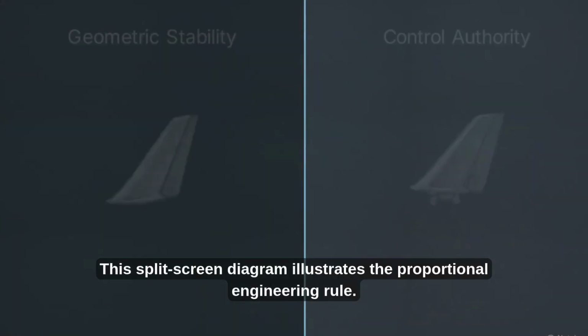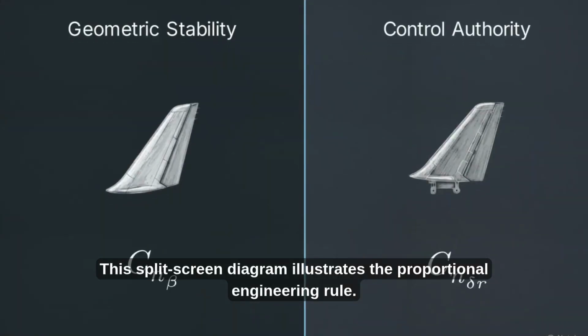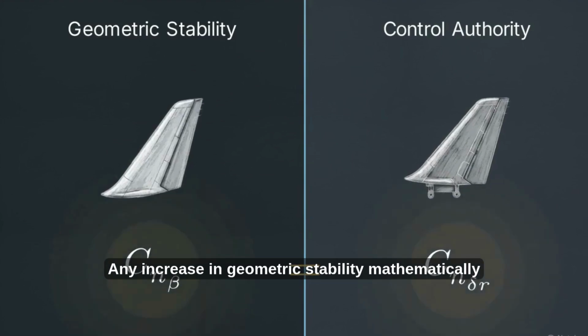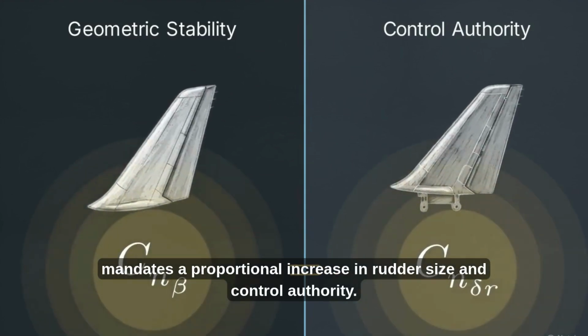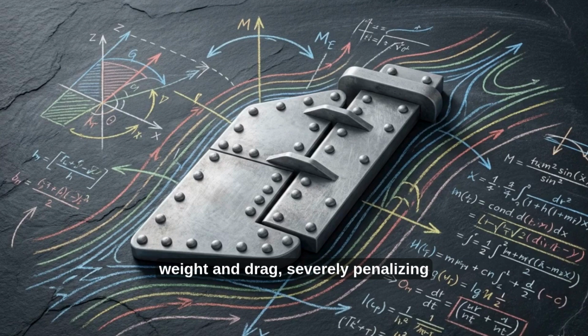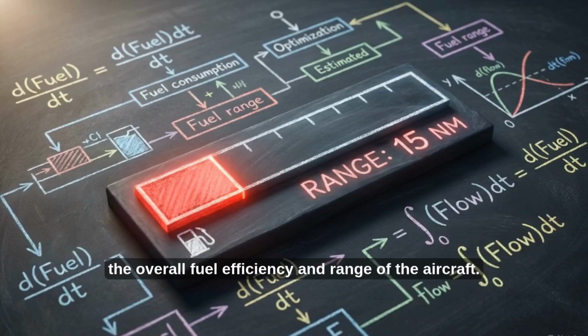This split-screen diagram illustrates the proportional engineering rule. Any increase in geometric stability mathematically mandates a proportional increase in rudder size and control authority. But bolting larger control surfaces onto the airframe inevitably adds weight and drag, severely penalizing the overall fuel efficiency and range of the aircraft.